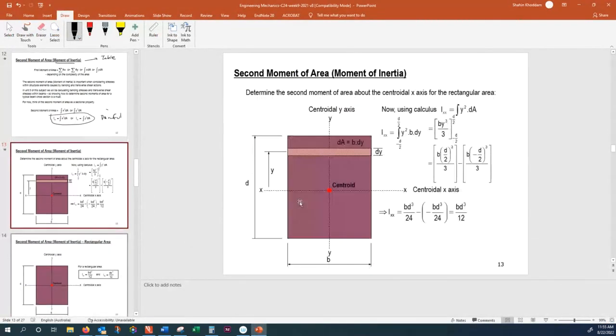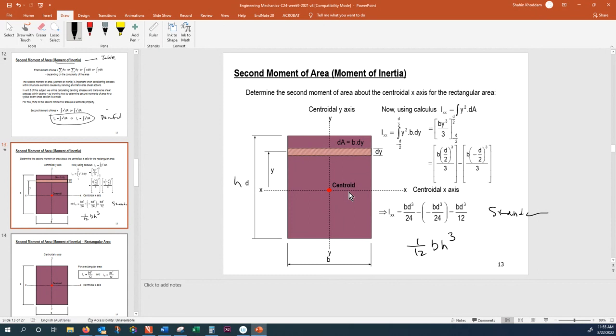So here I have a situation for you. We have a rectangular section, and as I mentioned, this is B by H. The moment of inertia with respect to the centroid, that is the standard: 1 over 12 BH cubed.